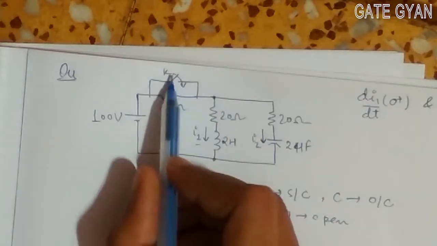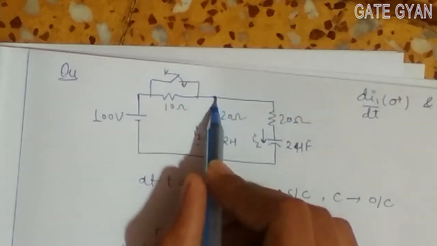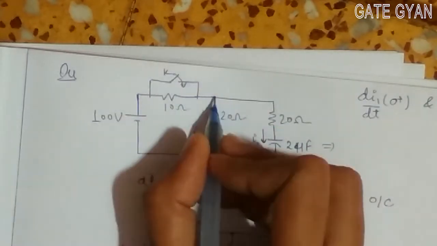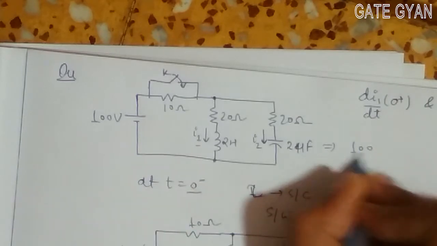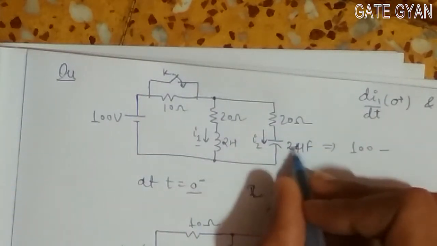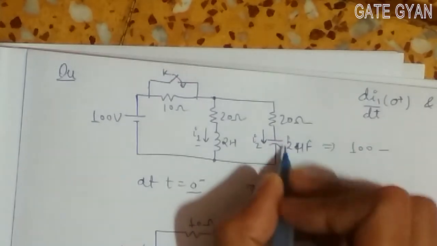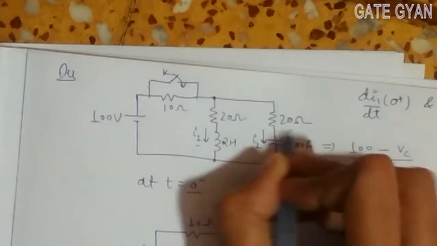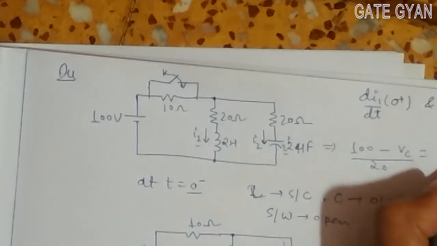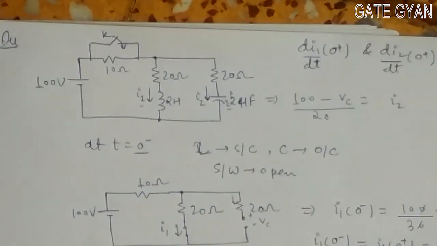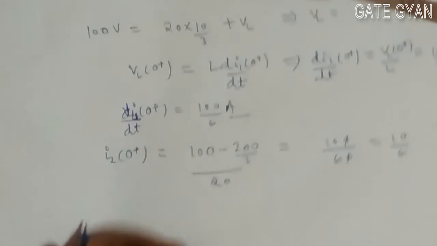At t is equal to 0 plus, when my switch will be closed, I'm writing the equation of this I2. So my I2 will be given by this 100 volt will be present as it will be short circuited. So my I2 will be 100 minus the voltage across this, which is VC, upon this resistance. It will be like this.